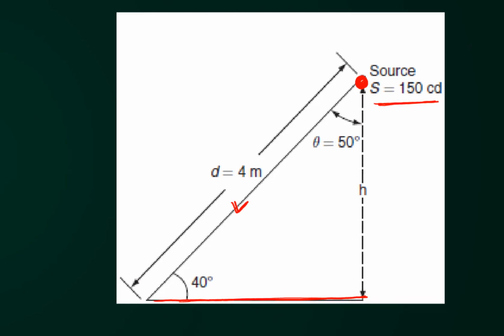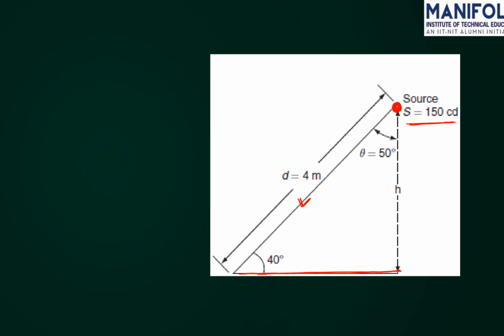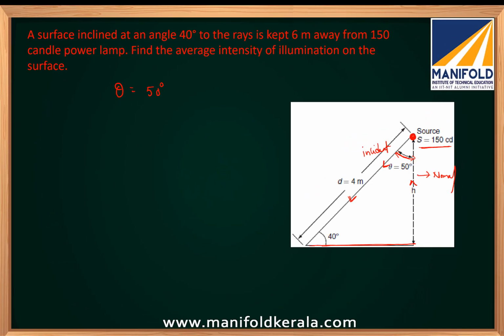We always have to calculate the angle between the normal of the surface and the incident light ray. Here that angle is 50 degrees, so your theta value is 50 degrees. Understand?